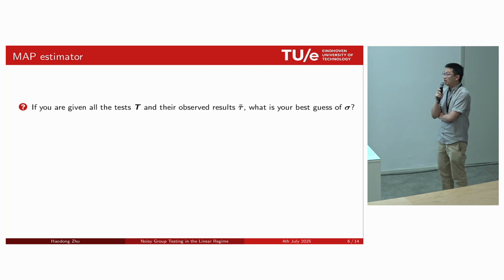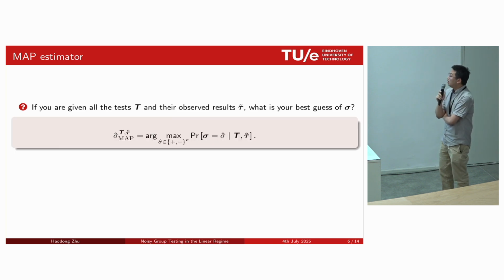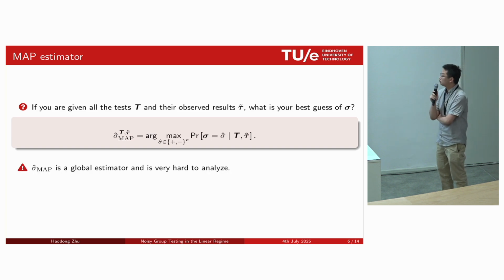But let us first ignore all the test design and consider the following decoding problem. If you are given all the tests and their observed results, what is your best guess of sigma, which is the true status of all individuals? The answer is the following MAP estimator, whose value equals the configuration that maximizes the conditional probability on the right-hand side.